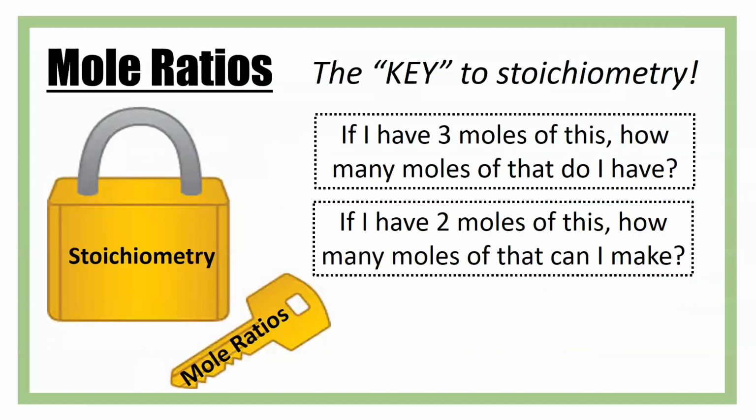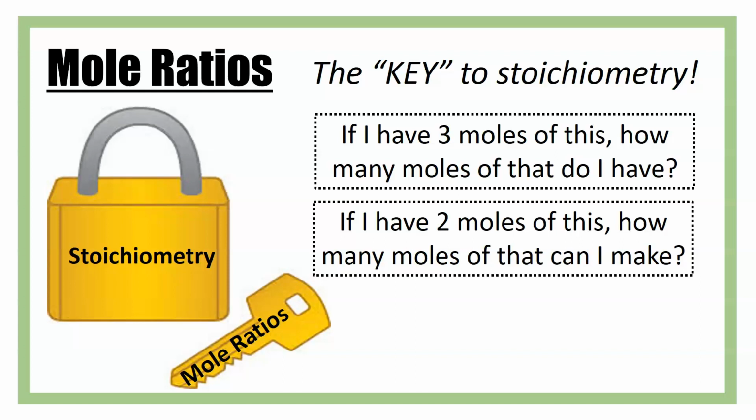You will sometimes hear people say that mole ratios are the key to stoichiometry. The idea is that this mole ratio is the magical piece that allows us to do these conversions. And so we're going to have things like, if I have 3 moles of this, how many moles of that do I have? If I have 2 moles of this, how many moles of that can I make?